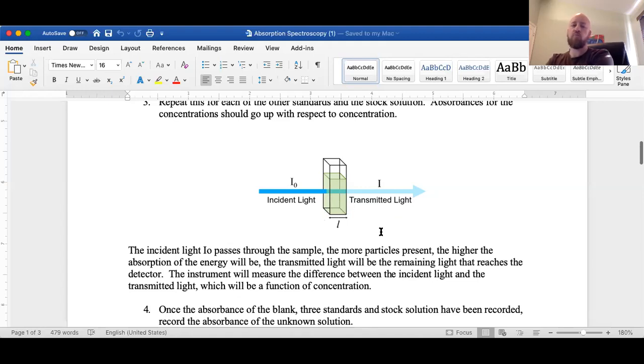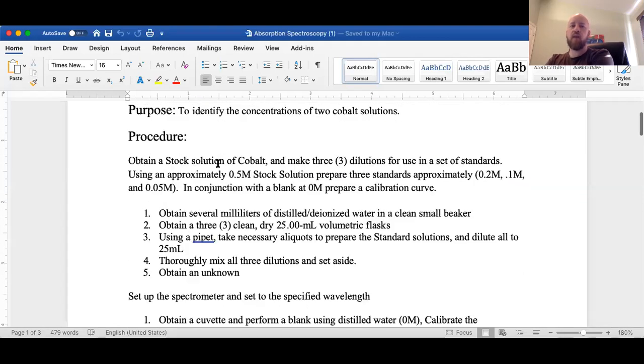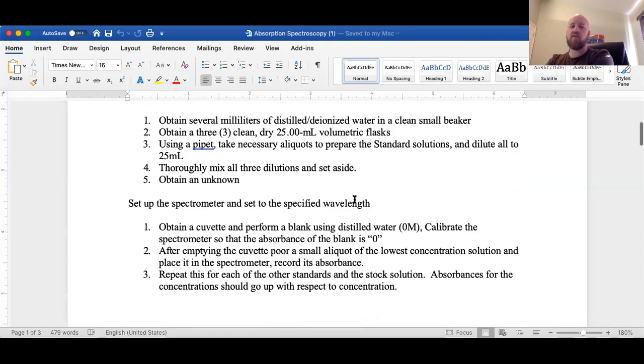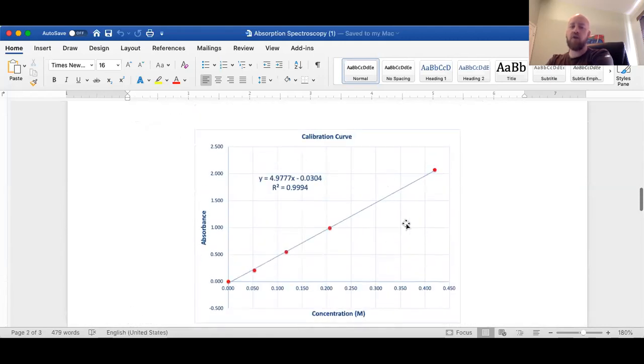In this experiment, I've outlined the general procedure that would have been taken. A calibration curve would be generated. Here you see the blank, the various molarities, and the stock solution. And just like our first experiment, we would expect that our unknown would be somewhere between these values.